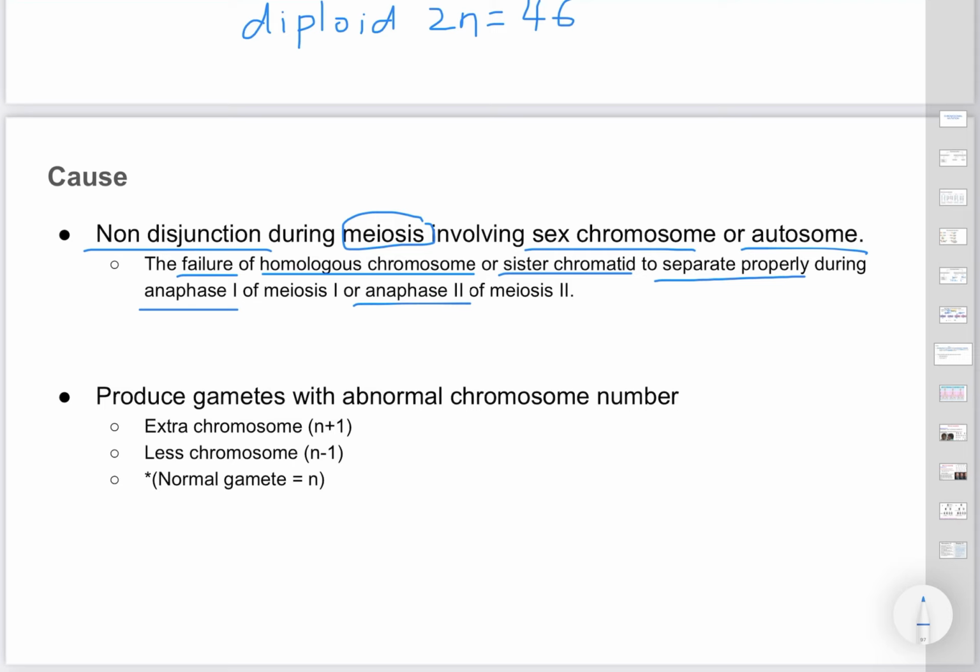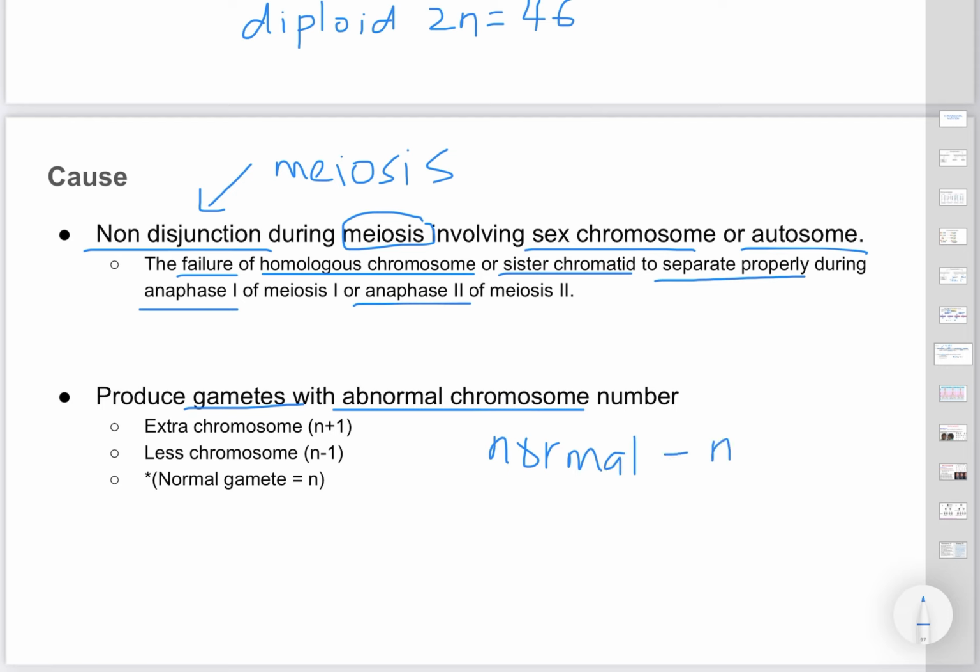Kesan daripada non-disjunction yang berlaku semasa proses meiosis, kita akan menghasilkan gamet dengan abnormal number of chromosome. Normal gamet, dia punya ploidy adalah n.